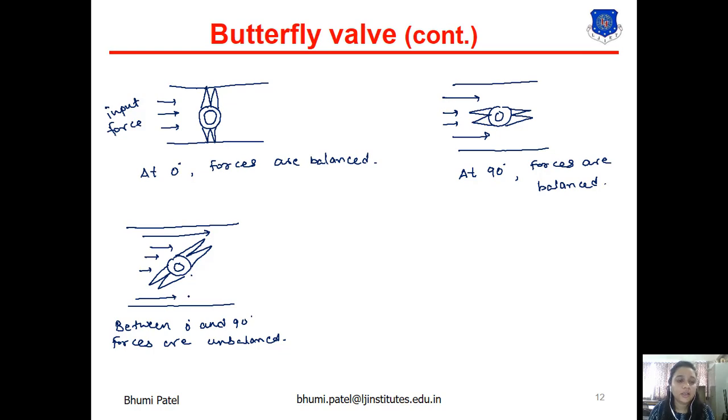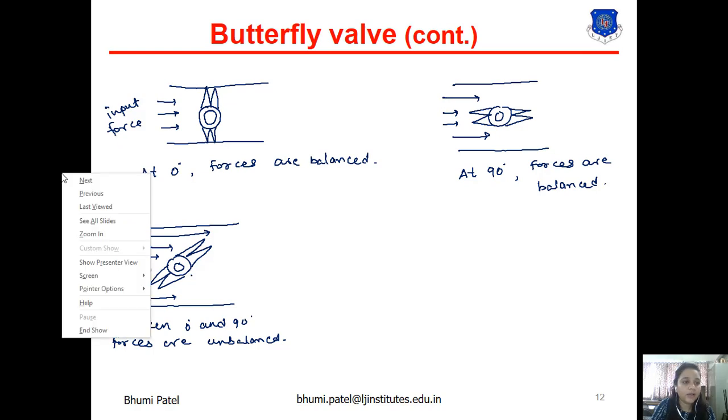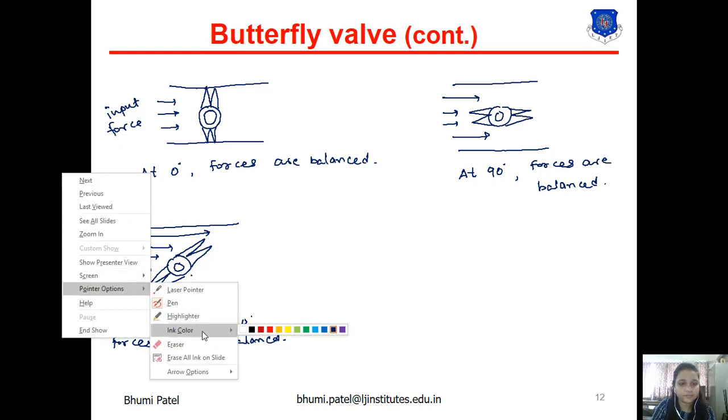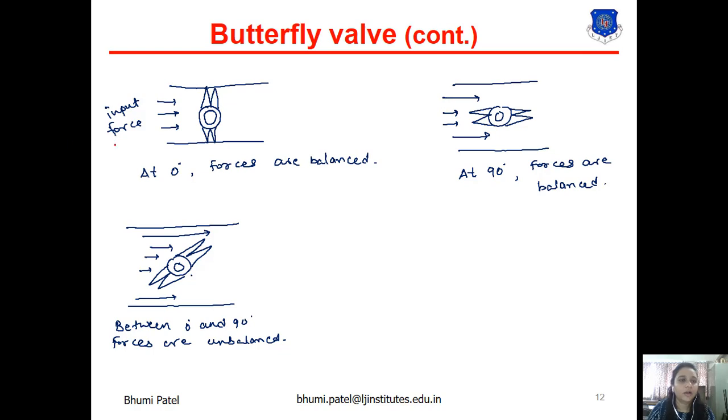So there is no fully open or fully closed connection. So generally we apply the butterfly valve at 0-degree or at 90-degree, because the butterfly valve is used for on and off application.